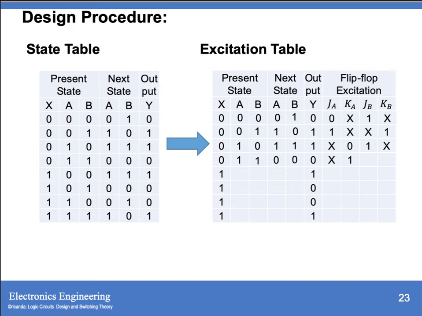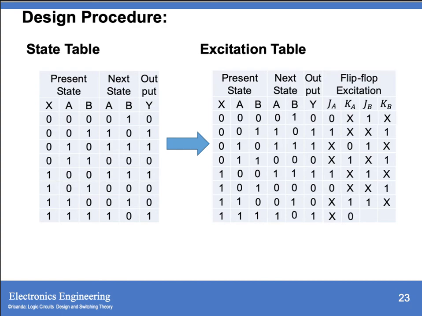And 1 to 0, another x1. 0 to 1, it is 1x. 0 to 1, it is 1x. 0 to 0, it is equivalent to 0x. 1 to 0, that is equivalent to x1. 1 to 0, it is x1. 0 to 1, 1x. 1 to 1, that is equivalent to x0. Then 1 to 0, that is x1.